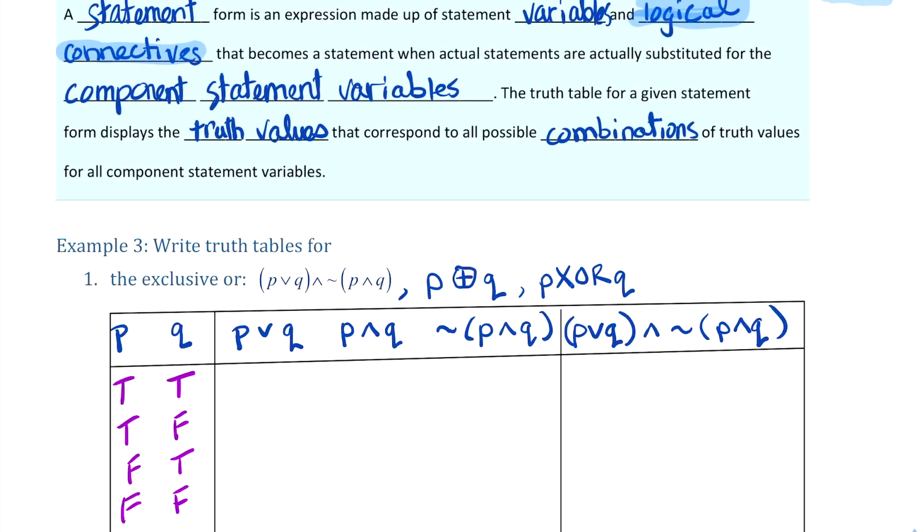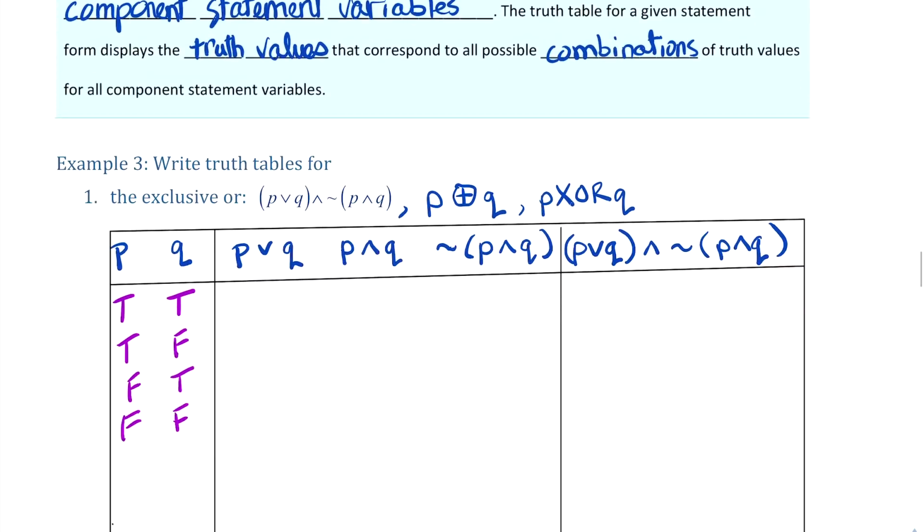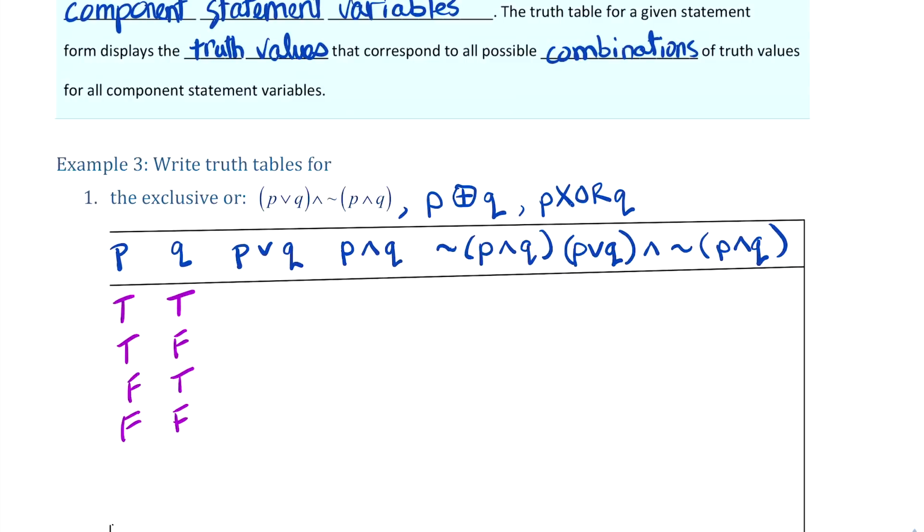Good so far? So actually, I won't need all of that space. Maybe what I'll do is redo those vertical lines.